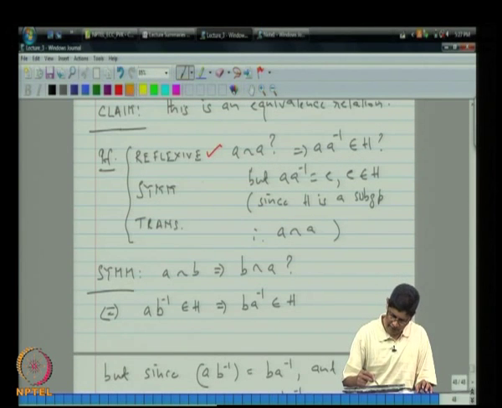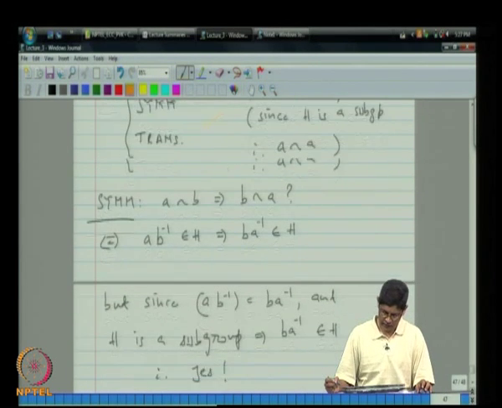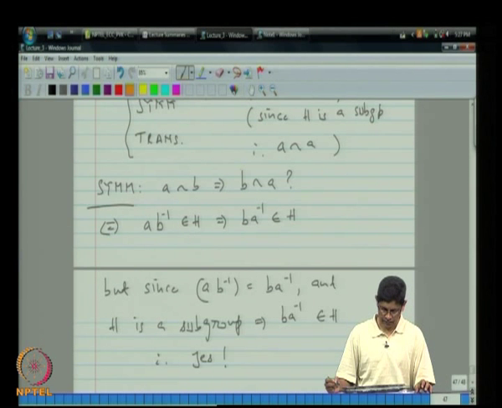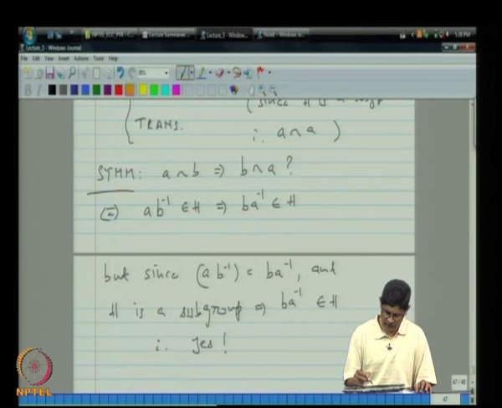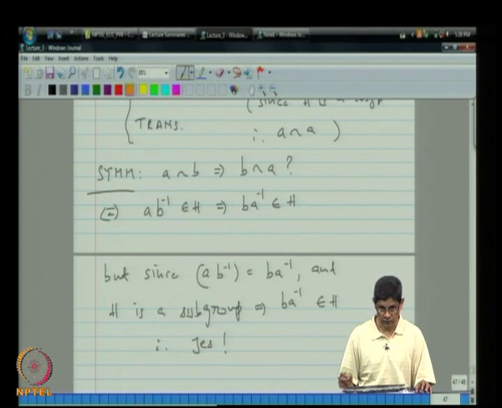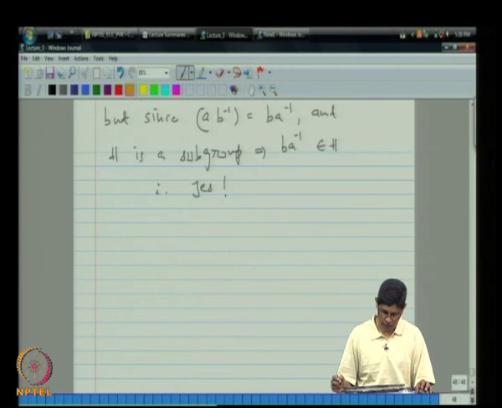So, we verified the reflexive and the symmetry property. Okay, again, to establish symmetry we have to show A B inverse in H implies that B A inverse in H, but since this is just the inverse of this, if this belongs then the inverse also belongs. Okay, so, there is no problem there.